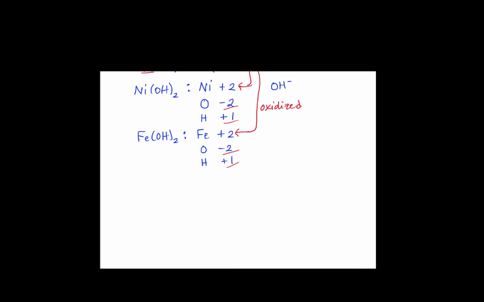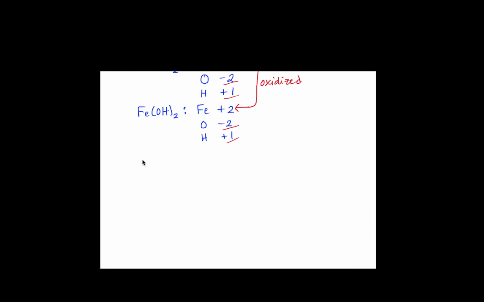So we're ready to move on to our step 2, which is to separate into half reactions. And the half reactions, these are the thing that was oxidized and the thing that was reduced. So I'm going to take the iron part, and then I'm going to take the nickel part, and I'm going to separate them from each other.